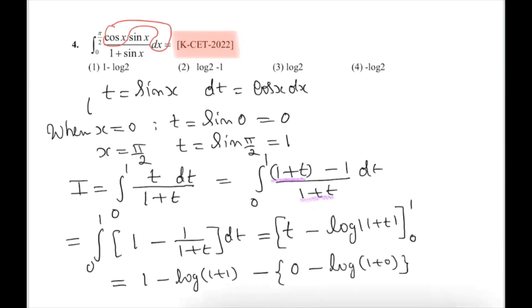Here log 1, its value is 0. So we will be left with 1 minus log of 2. So the correct option is the first option, 1 minus log 2.